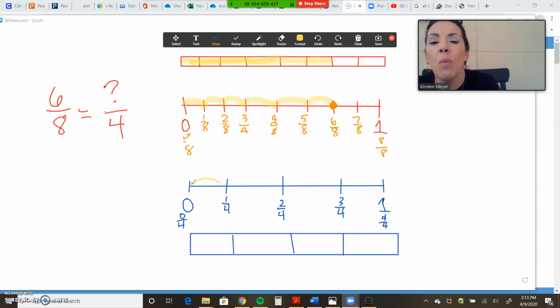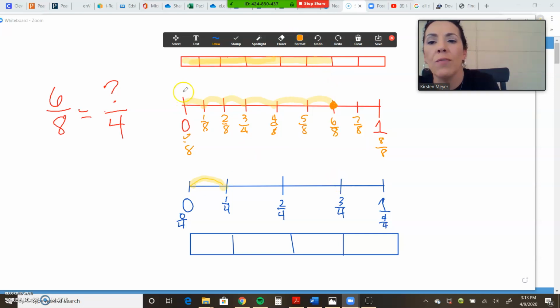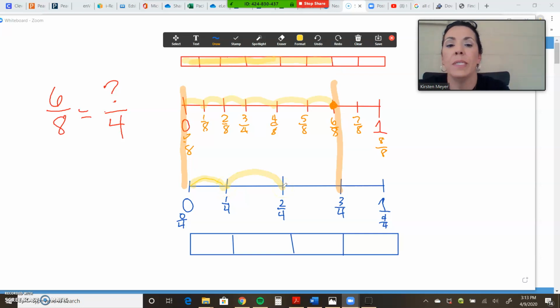So if I just went 1 hop, that's definitely not the same because remember, we were trying to figure out if this is here, where is that going to line up? So 1 hop didn't get me there. 2 hops didn't get me there. Oh, 3 hops has it right on.